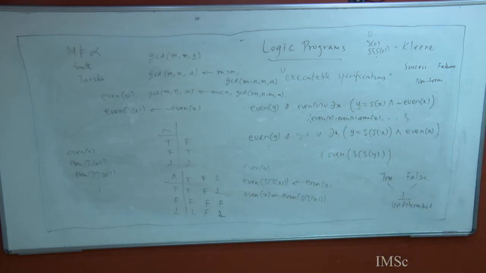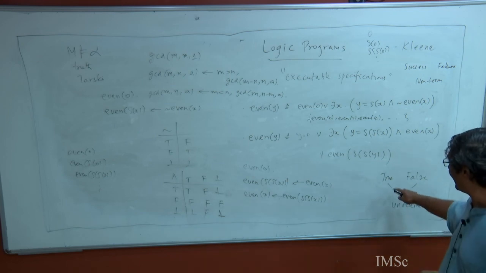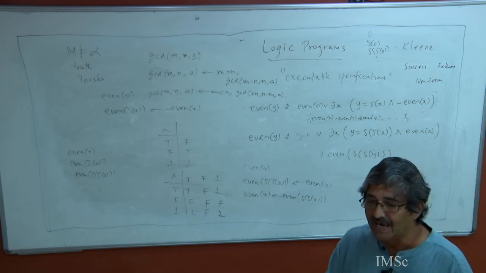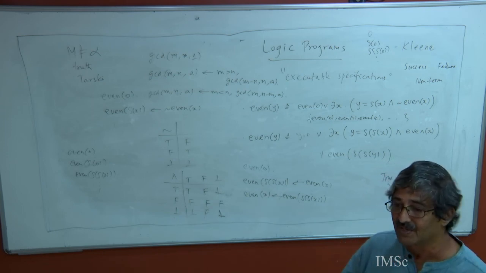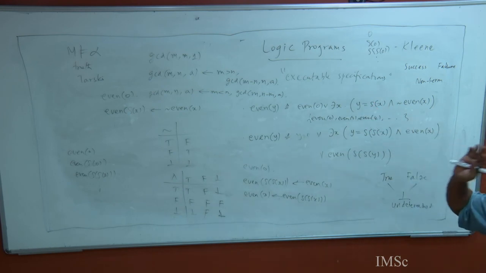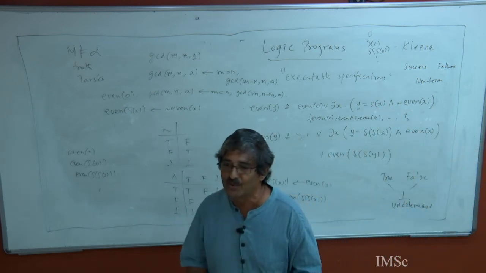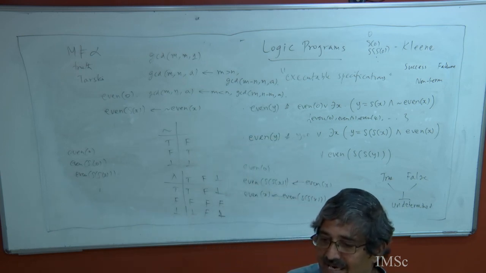So this computation is realized as a fixed point of an operator, and that operator is working on a structure of this kind. It's quite a nice algebraic structure, and we'll talk about that next time. I'm not going to do too much of logic programming as such, but just to show this connection between logic and computation in a very simple fashion.